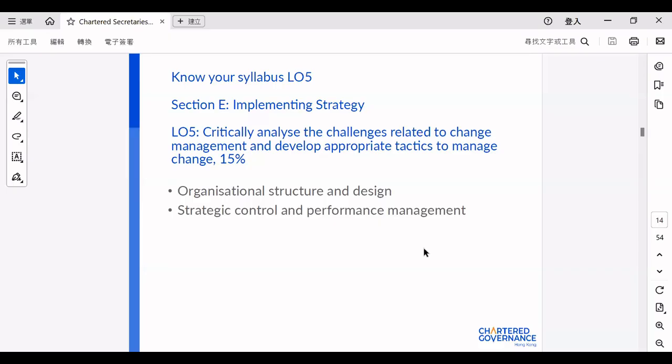So this E is really in chronological order, and this is actually all about strategic management.